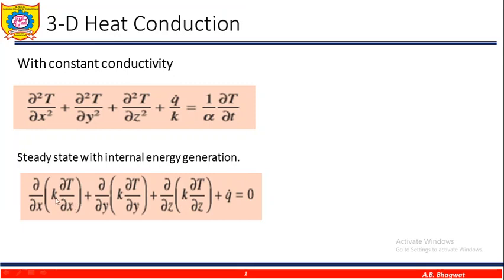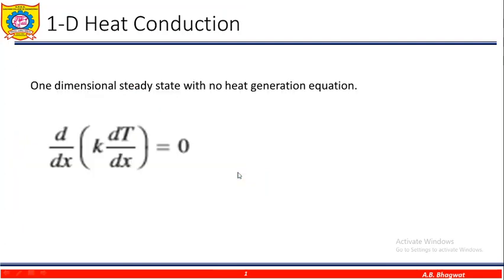If k again becomes constant, it will come outside this bracket, and we will get del square T by del x square plus del square T by del y square plus del square T by del z square plus q dot divided by k is equal to 0. If there is no internal energy generation, then this q dot will also become 0. Okay.